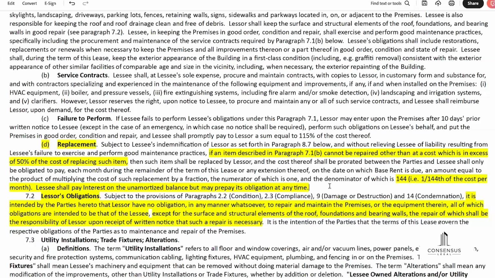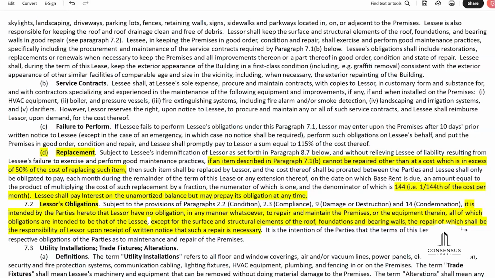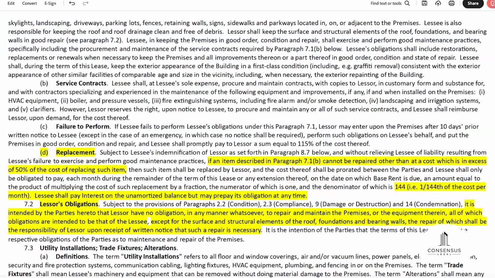So it's the same concept in the gross lease, but there is one key difference in the replacement obligation, and that is in 7.1b, because the items that are being replaced are only the items listed in 7.1b. In the single tenant net lease, that list is 6 items long. In the single tenant gross lease, the list is only 5 items long.